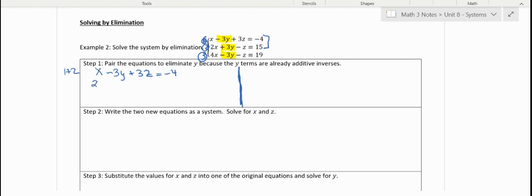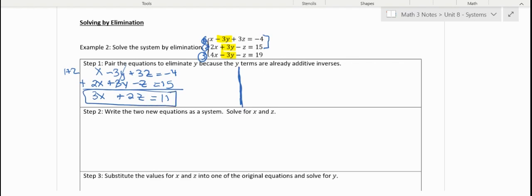I have 2x plus 3y minus z equals 15. They're already a pair of opposites, so I'm going to add them straight down. I have 3x plus 2z is going to equal 11, and that's as far as I can go with that one.